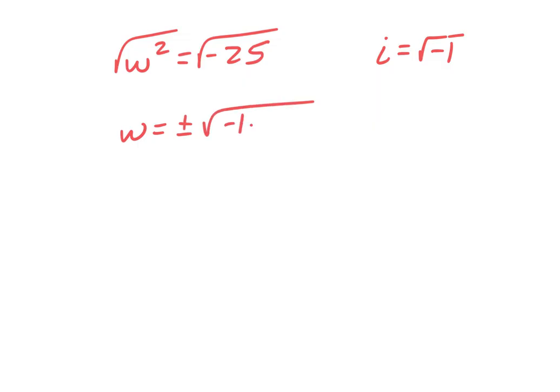And I'm going to rewrite it as negative 1 times 25. If I take the square root of negative 1 right here, that's going to become i. If I take the square root of 25, that's going to become 5. So my answer here would be plus or minus 5i.